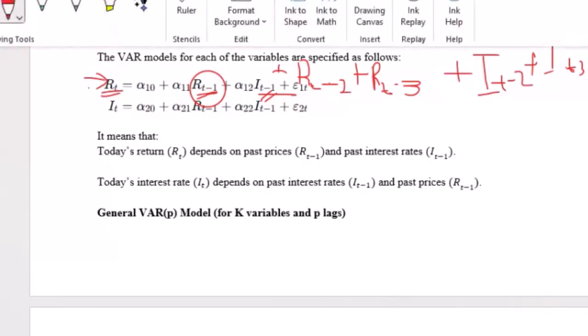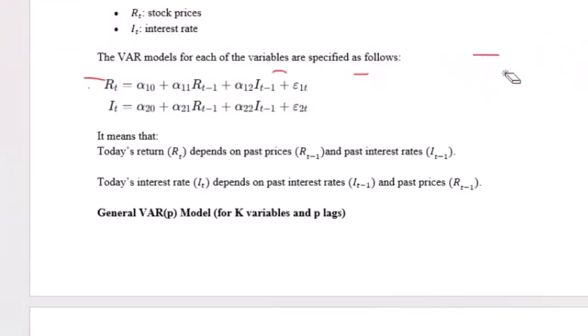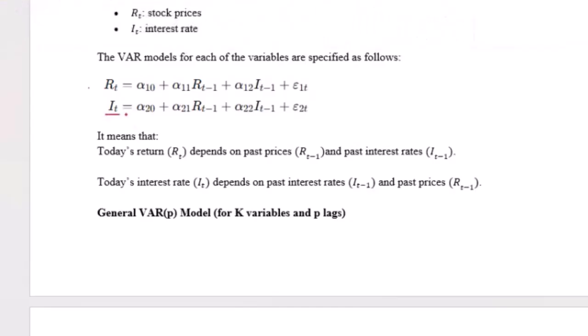So the same case with the other model, for the case of interest rate, whereby the interest rate of 2026 is explained by the stock prices of 2025.